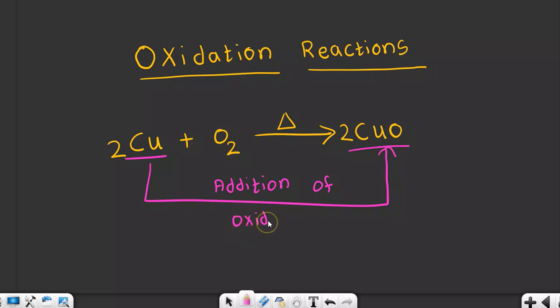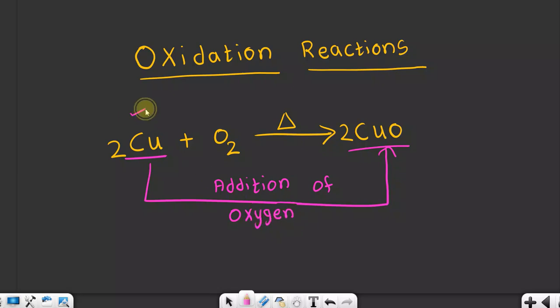Oxidation reaction is nothing but addition of oxygen. Whenever you see that on the product side oxygen has been added, it is said to be an oxidation reaction.